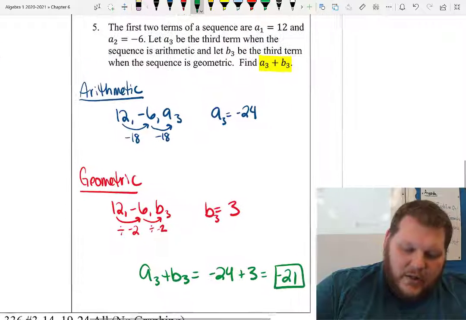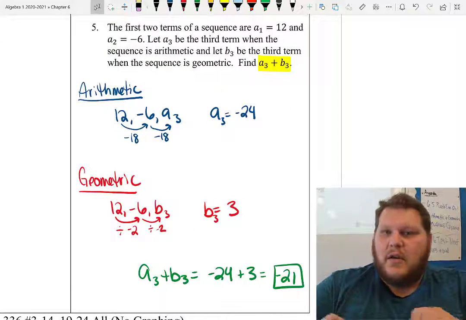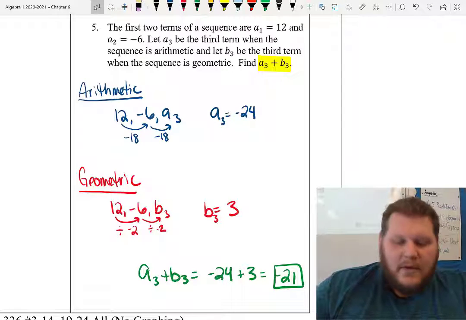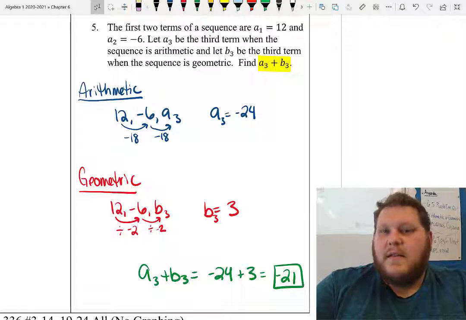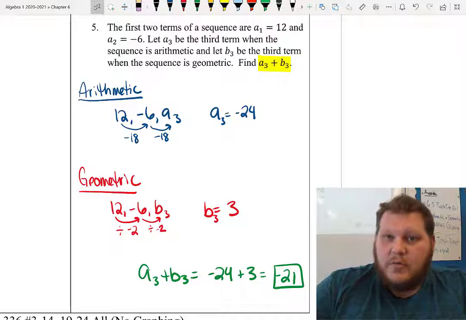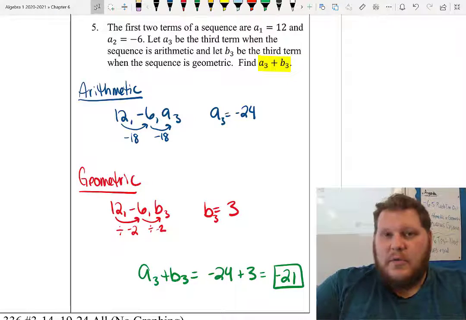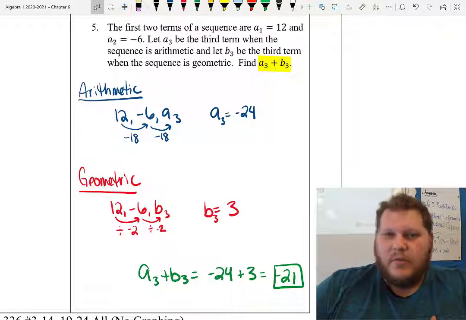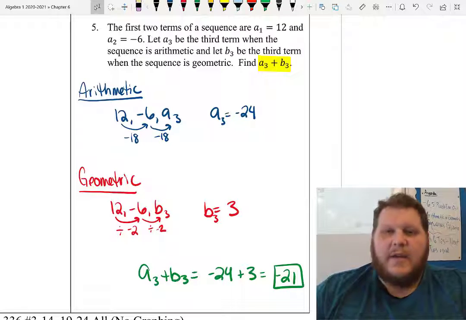It's a little bit weird format-wise in terms of using our sequence notation, A sub n, A sub 1, A sub 2, A sub 3, B sub 3, that kind of notation. But when you look at the actual thing you have to do, we're taking the first two terms and making a third prediction. If it's arithmetic, same thing with the geometric, and then just add those two numbers together.